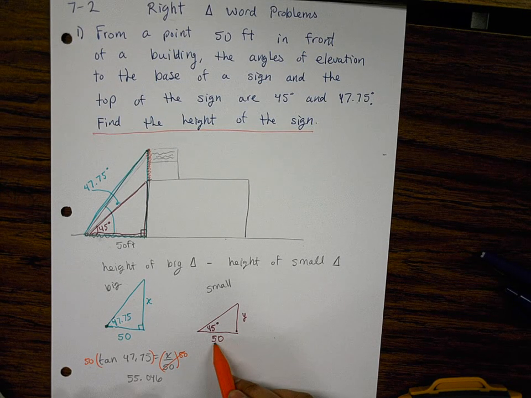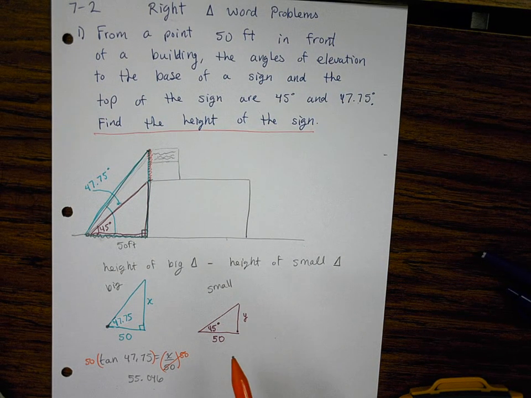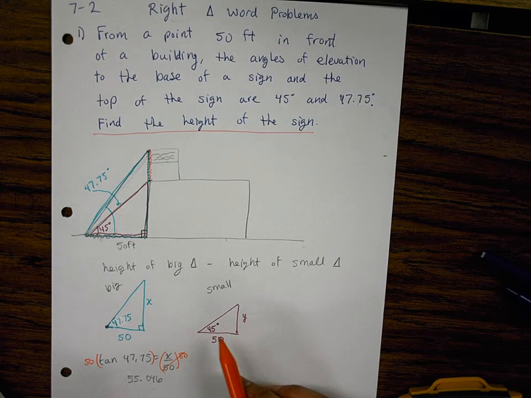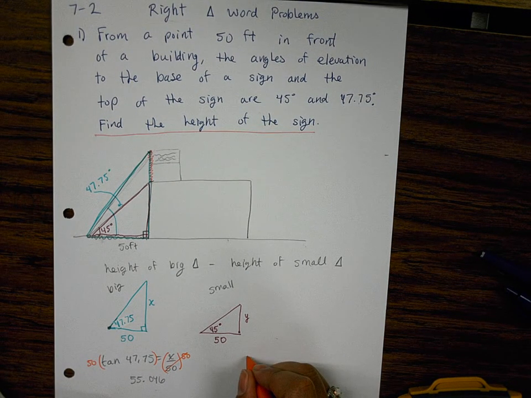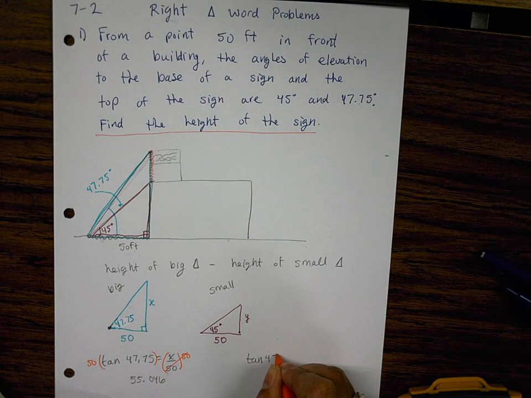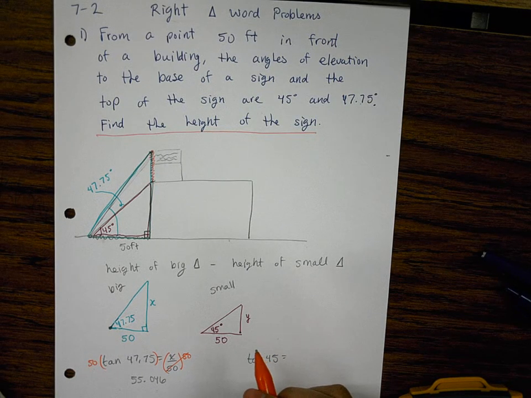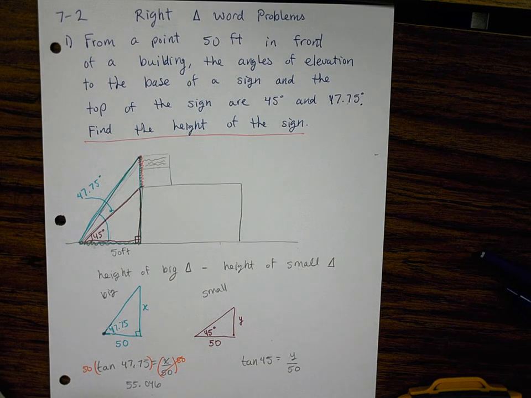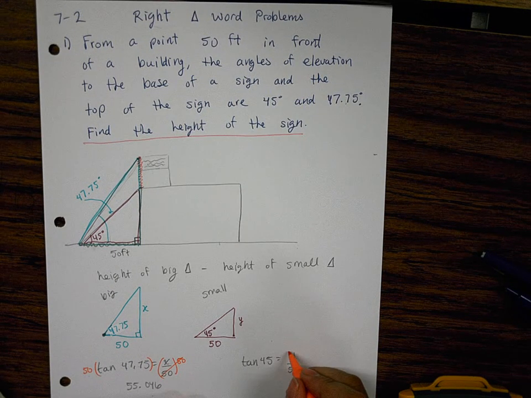Okay, for this one, I'm going to use tangent again because this is 45, opposite over adjacent, so tangent of 45 equals y over 50.